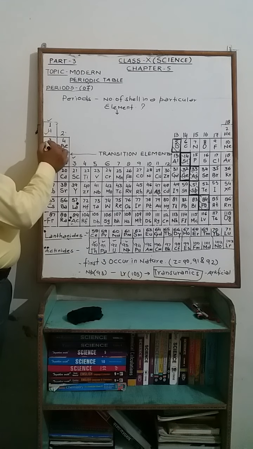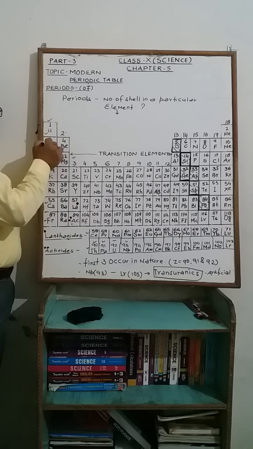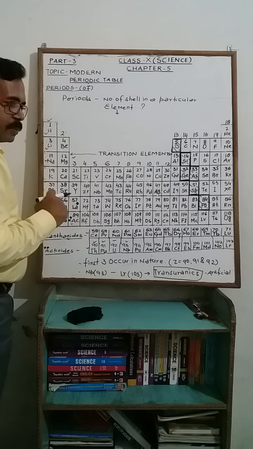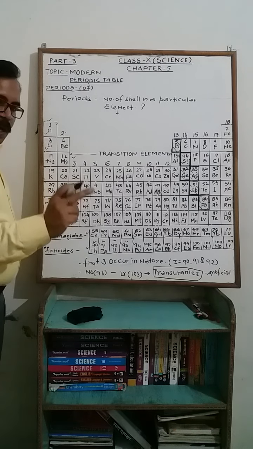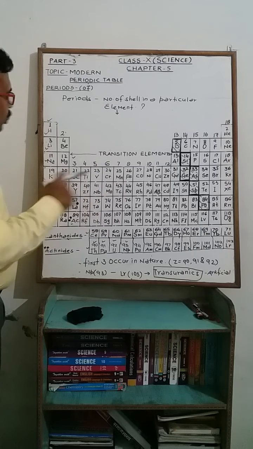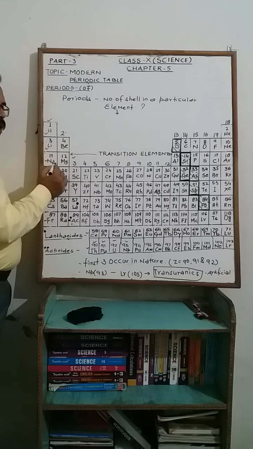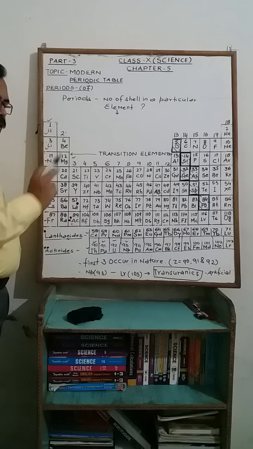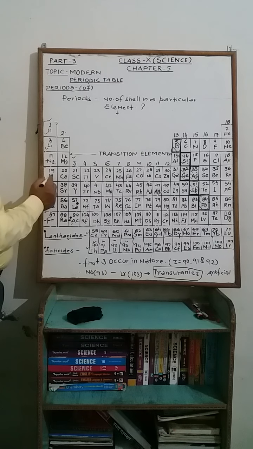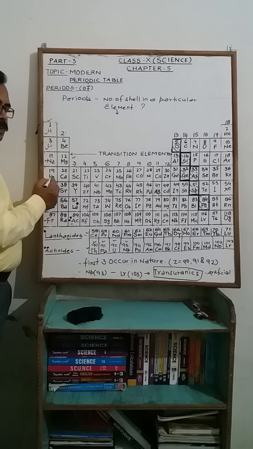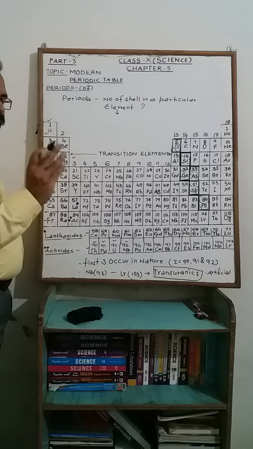Look the second example. That means second period, the element of second period must be having the 2 shells. The elements of second period having the 2 shells, and elements of third period having the 3 shells, KLM. Period fourth element would have how much? How many? 4 shell, KLMN.